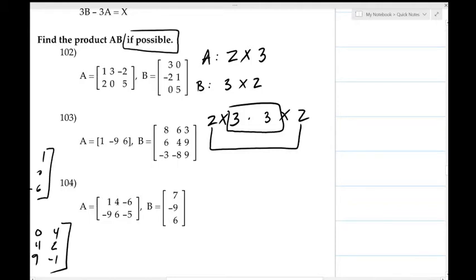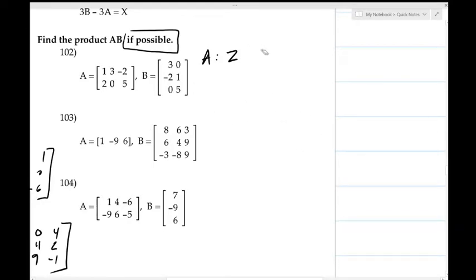So 3 is equal to 3, so yes, we can perform the multiplication, and the size of the matrix that we get will be a 2 by 2. Okay, so let's do it. Be real careful when you multiply things, and we'll start out with the first row by the first column.